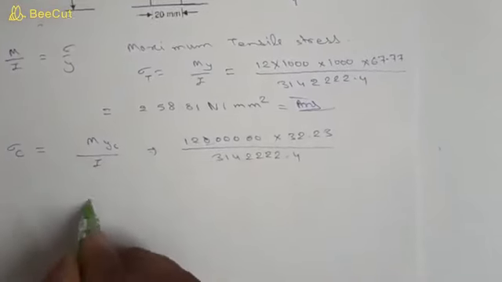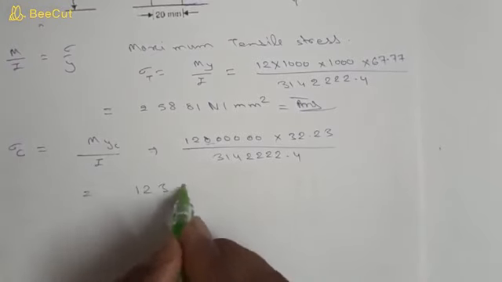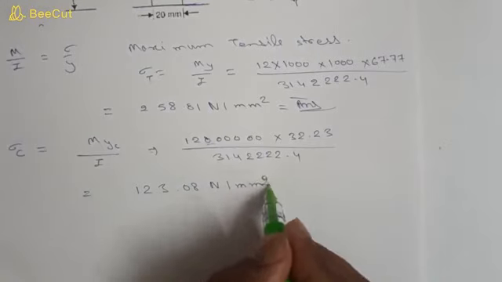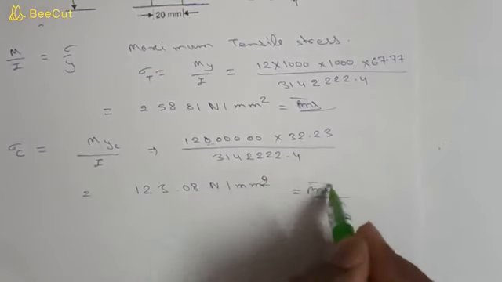So if you calculate this, then you will get 123.08 Newton per mm square. This is the maximum compressive stress.